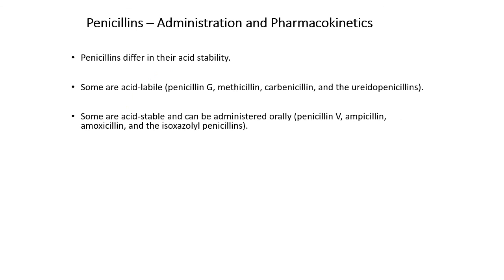So penicillins are defined by acid stability, as you've seen. Some are acid labile, which is generally speaking not what you want, and some are acid stable and can be given orally. In general, you want to give drugs orally in most cases, although if you need to get a drug into someone quickly, an IV bolus will often be done.